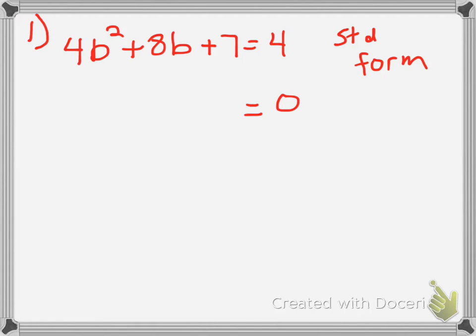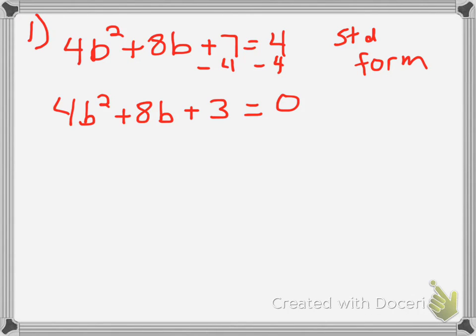Alright, so I'm going to take everything to one side. I have to do the opposite, be fair. Now I have 4b squared plus 8b plus 3. Okay? When A does not equal 1, you get into a lot of, not complex numbers, but irrational numbers, crazy decimals.